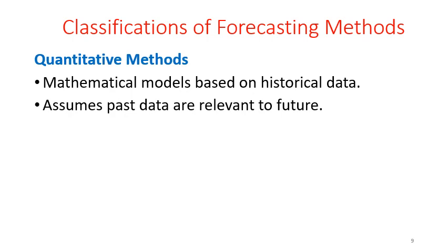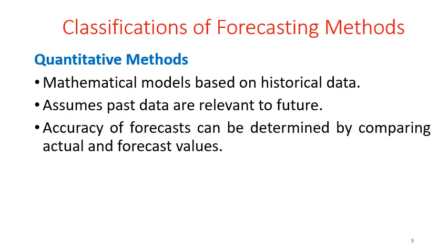The striking difference between qualitative and quantitative methods is that in quantitative methods past data is available and taken into account, whereas in qualitative methods you are not taking past data into consideration. Now the accuracy of forecasts can be determined by comparing the actual and the forecast values.